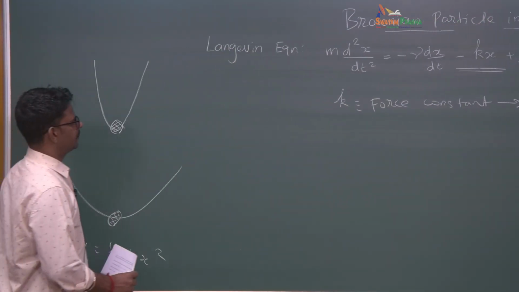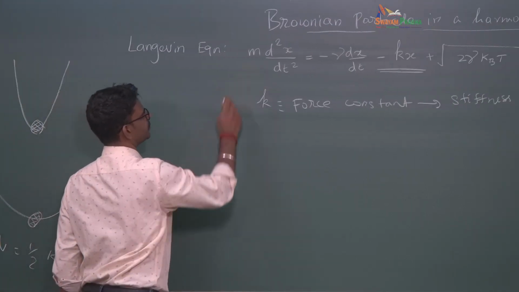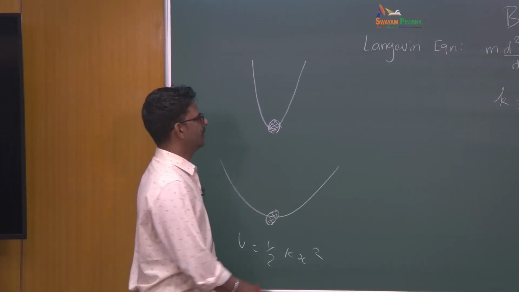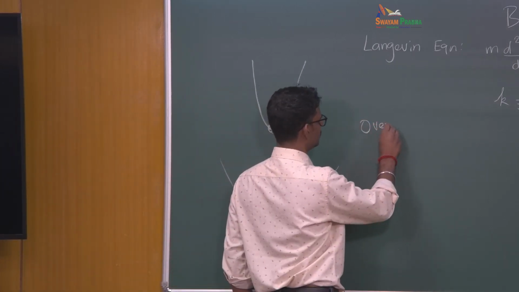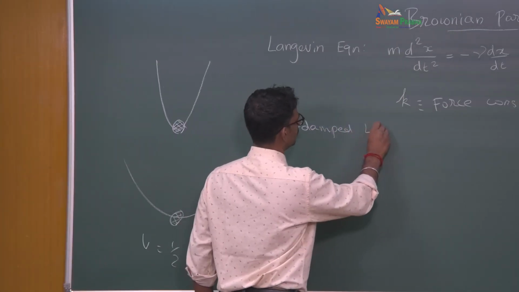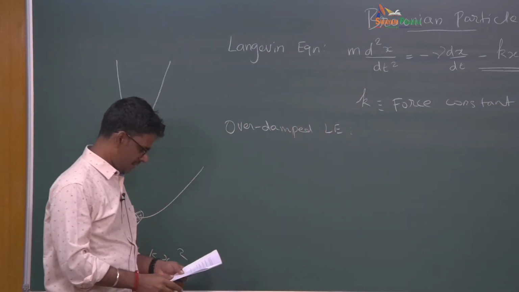In this case, we will convert this equation by eliminating the inertial term, so that we work in the overdamped limit. So we say overdamped Langevin equation. This term vanishes.